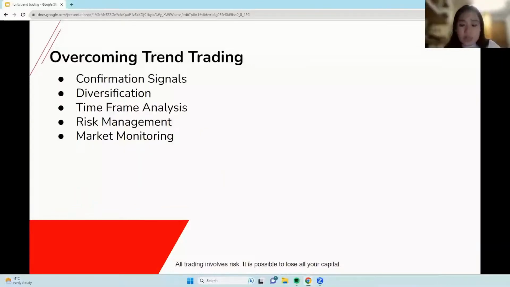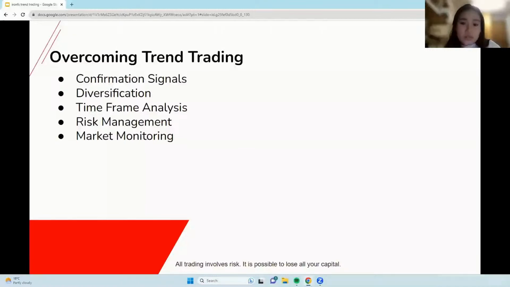So how exactly can we overcome these disadvantages? To overcome these disadvantages, you can adopt a couple of strategies and techniques. Firstly would be confirmation signals. We've talked about, for example, for Ichimoku, the different lines and what they represent.